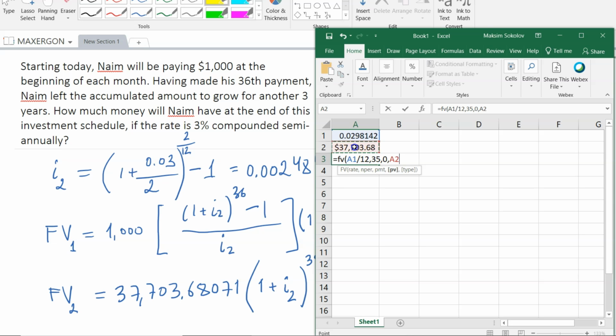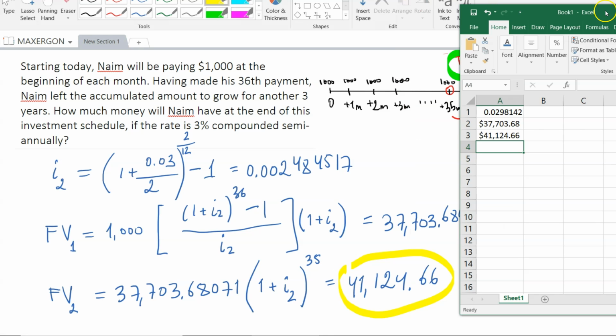Present value is in cell A2, but we'll make it negative so that our future value is displayed positive. And the type is not important here because that's not an annuity calculation, so I'll select 0. The answer is 41,124.66, which is exactly the same answer that we obtained using algebra. Let's proceed to the next problem.